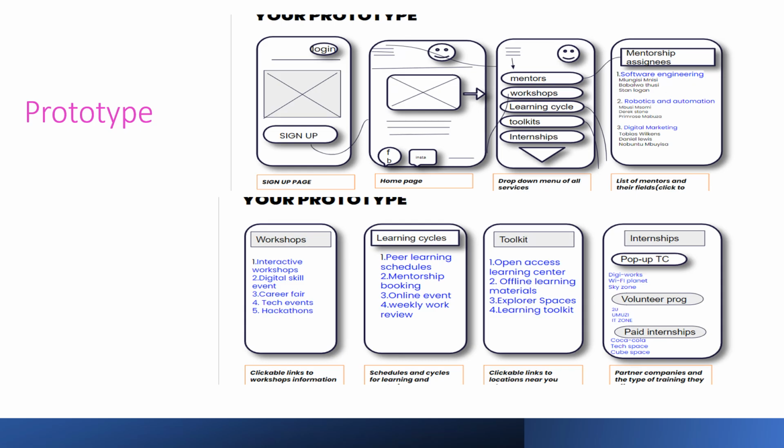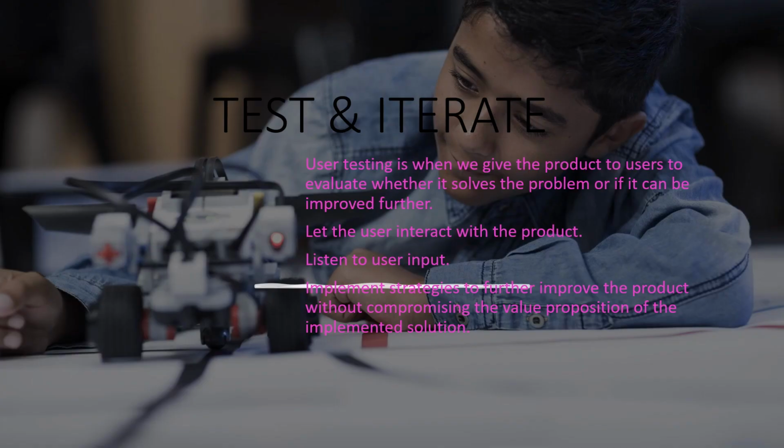So this is after having implemented our prototype, then we take it back to the users to test it to see if they are able to solve their problem using the design that we implemented.